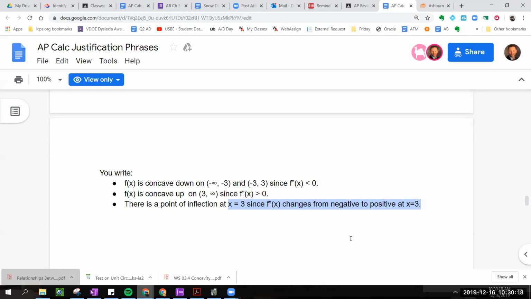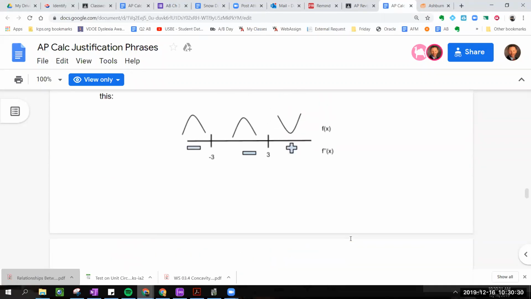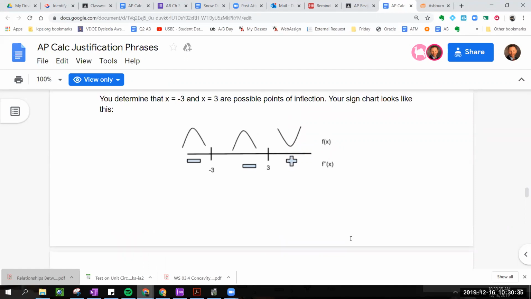Yeah, but you just switch up a couple of little points. Instead of max or min, you'd say point of inflection. At x equals 3, so if this were your sign chart, that's what you would have on here. But if your sign chart were what's on the screen, you'd only have a point of inflection at x equals 3.